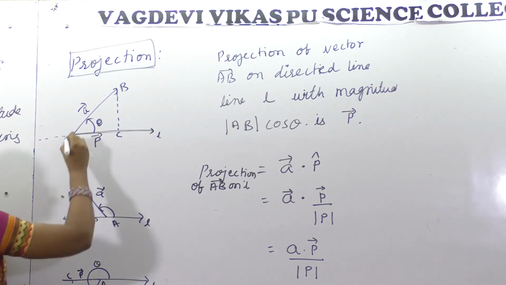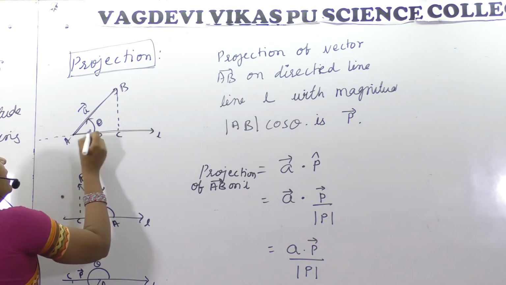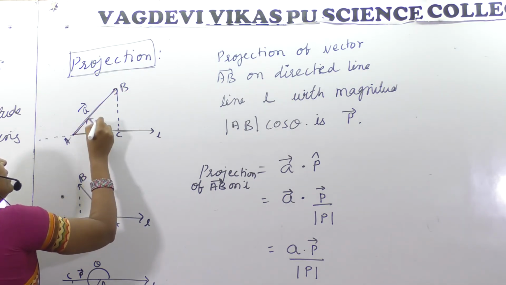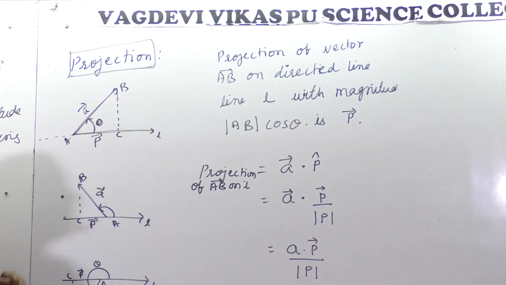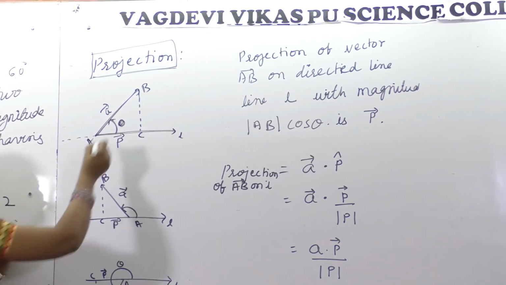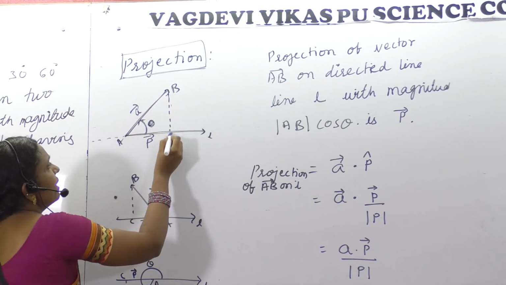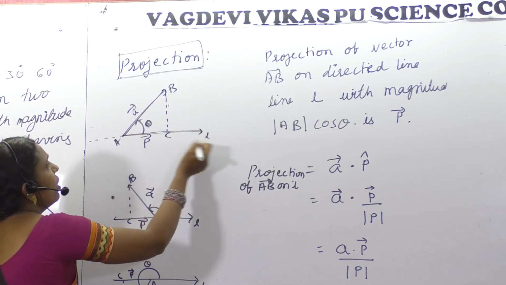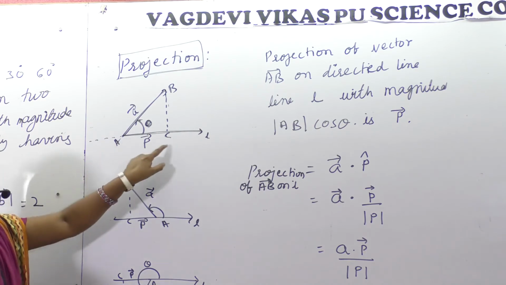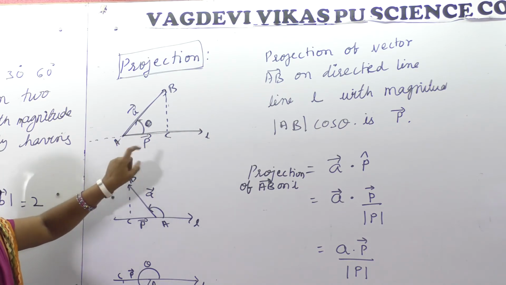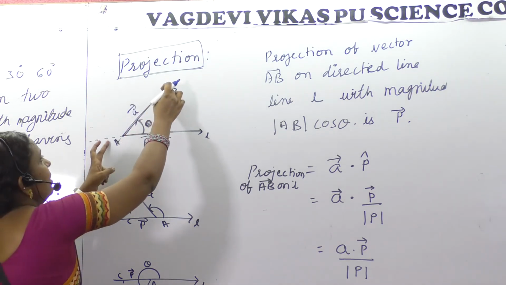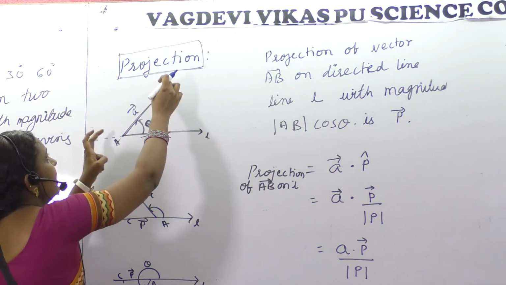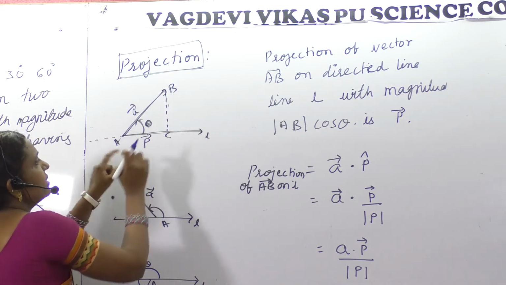AB is one vector and it is making angle theta in an anti-clockwise direction with line L. If you take a perpendicular line, it meets L at the point C. So that AC is said to be the projection. AB is a vector, its projection is AC, that is P.